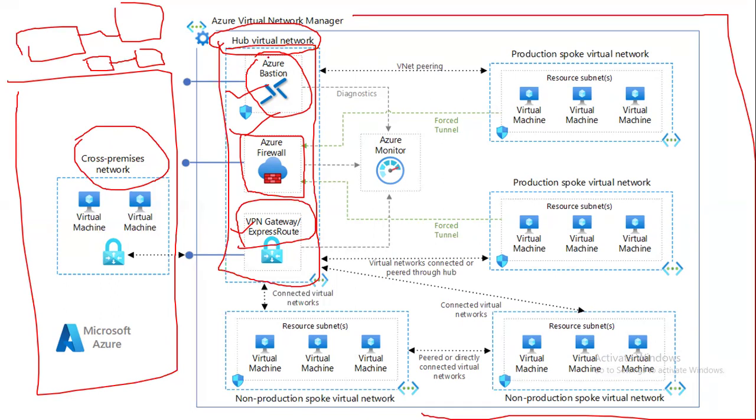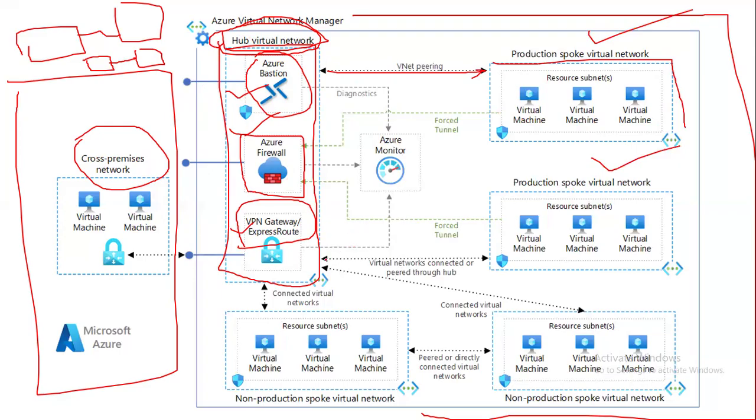So basically what is happening? The hub VNet is completed. The hub VNet is the central point, and all the spokes should be connected to it. Now you can see that VNet peering is happening. Let's take an example: this is spoke 1, this is spoke 2.